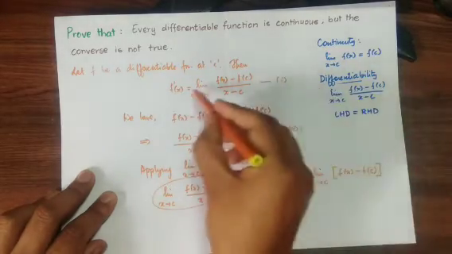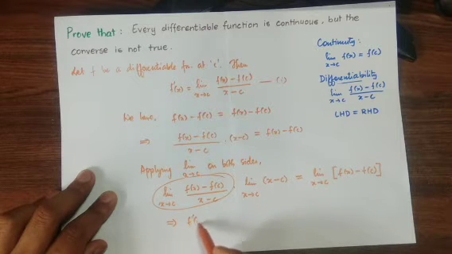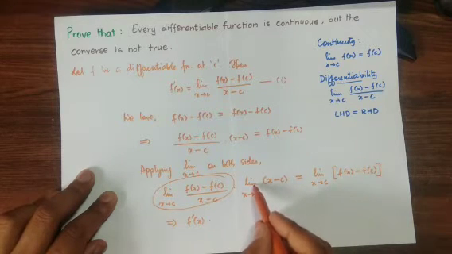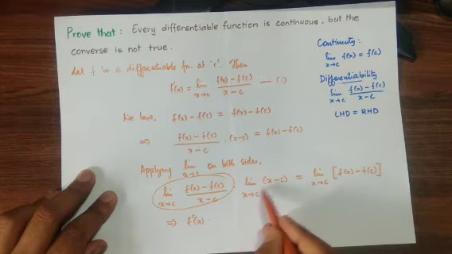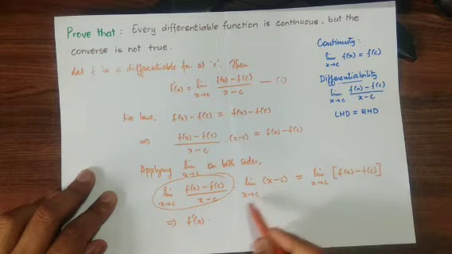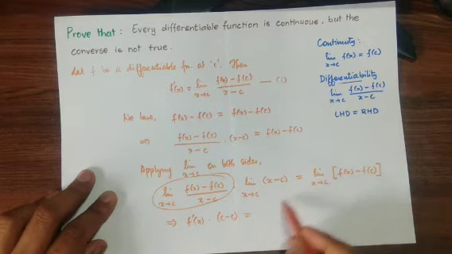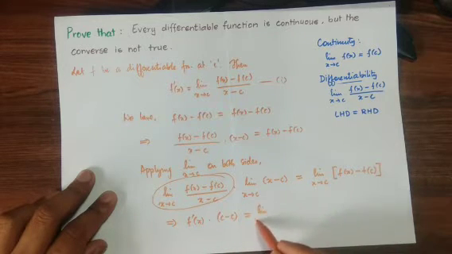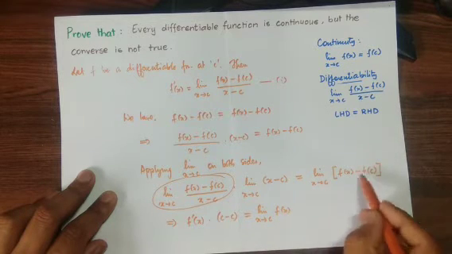From 1 it is f dash of x, so this can be written as f dash of x into limit x tends to C of x minus C. So let me put the value of x to be C, then I'll get C minus C, right? Okay, so from here I'll get limit x tends to C of f of x, I'm just opening the bracket.